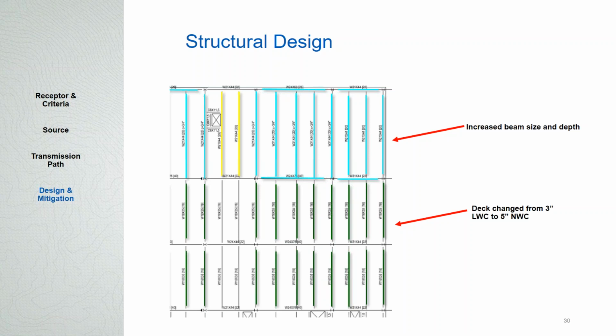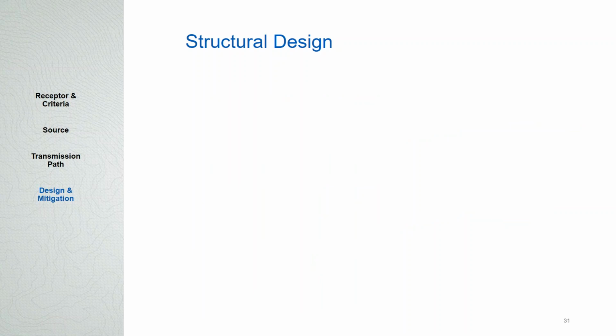So when it was designed for strength, we had to go in and oversize almost everything. We see increased beam sizes and depths, and we also had to change the deck from 3-inch lightweight concrete to 5-inch normal weight concrete because we needed that additional mass and the additional stiffness of that additional material.